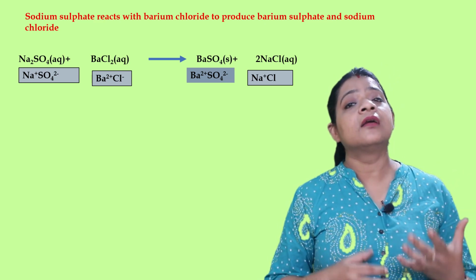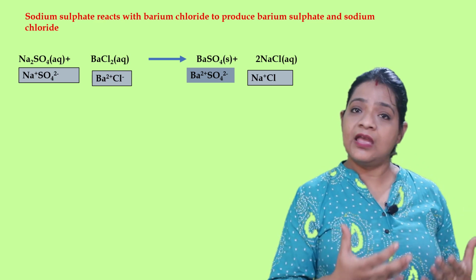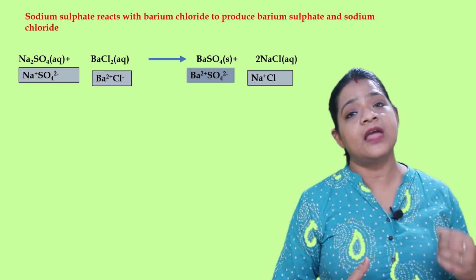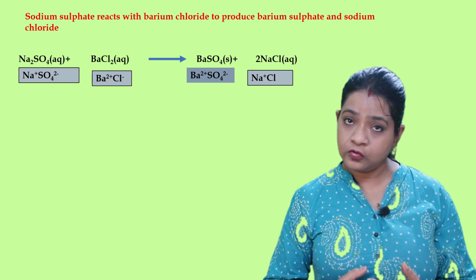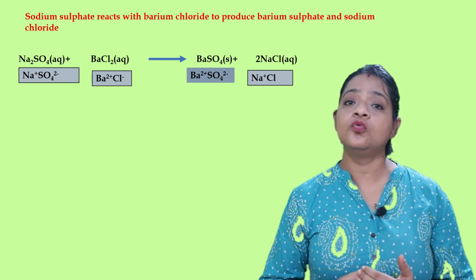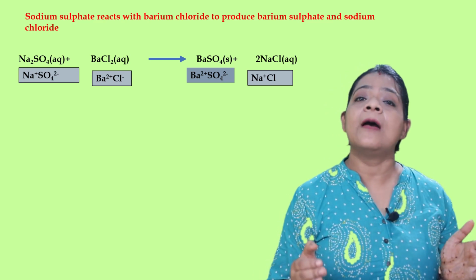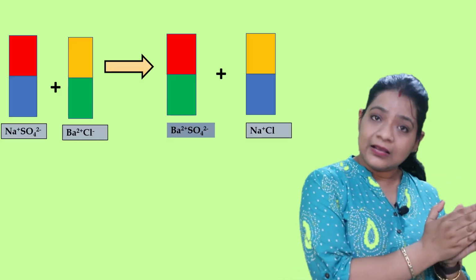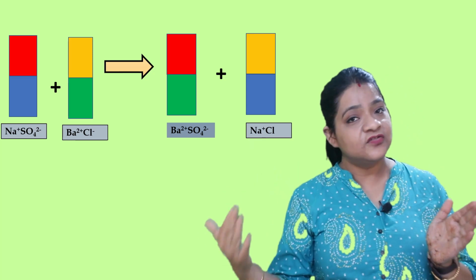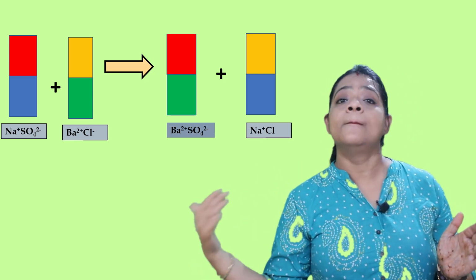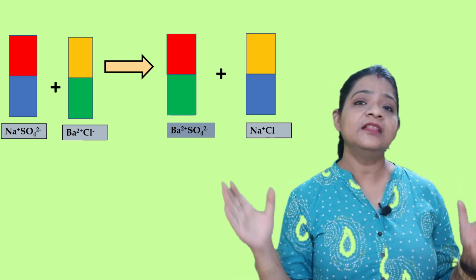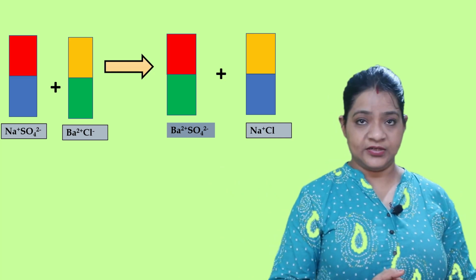So the ionic representation of Na2SO4 is Na plus and SO4 2 minus, BaCl2 is Ba2 plus and Cl minus. So what happens here? Na and Cl come together to give rise to 2NaCl plus BaSO4. So obviously this is the balanced equation.